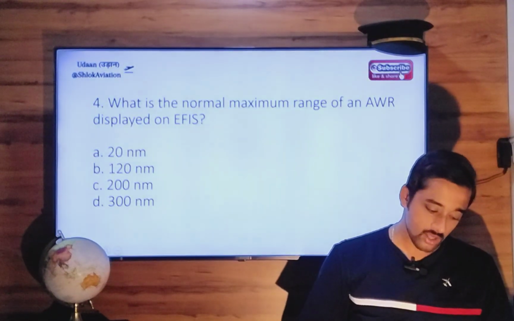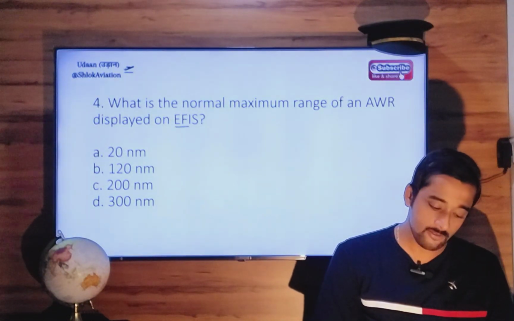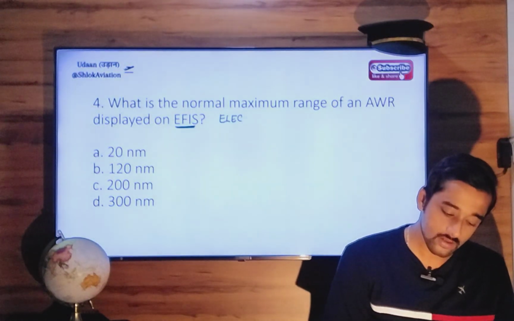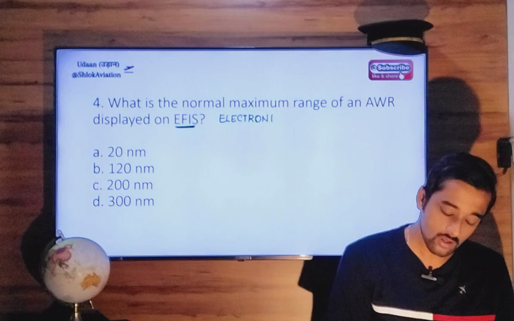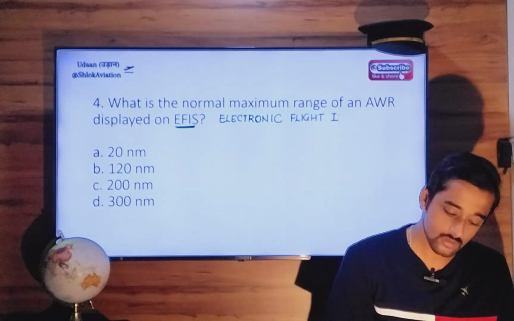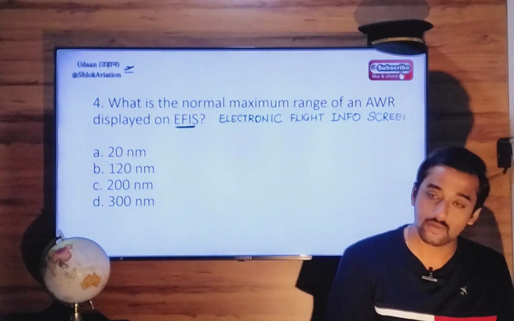Next. Question 4. What is the normal maximum range of an airborne weather radar on EFIS? What is EFIS? EFIS is nothing but electronic flight information screen. Electronic flight information screen, right?